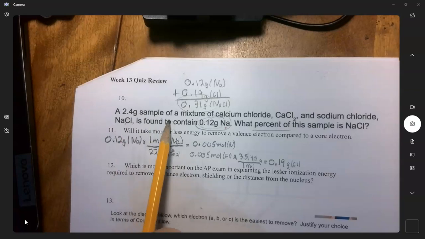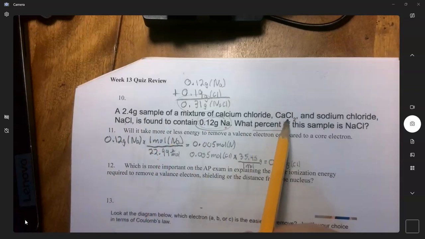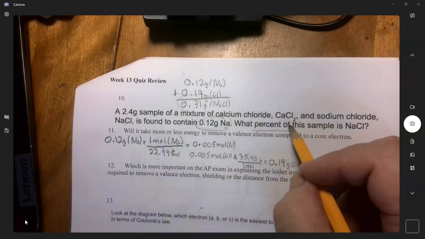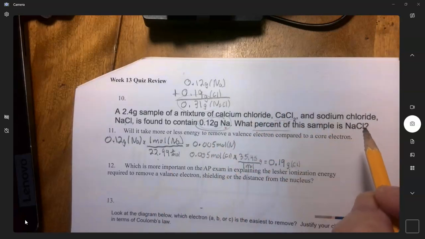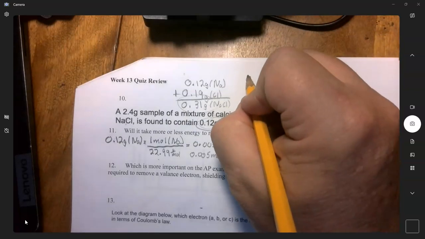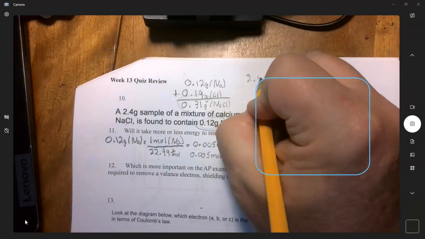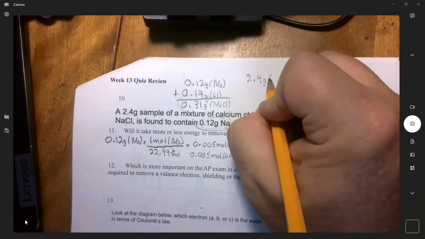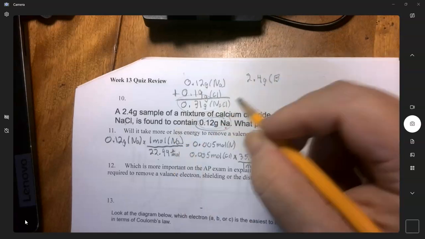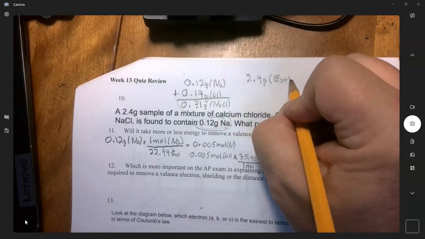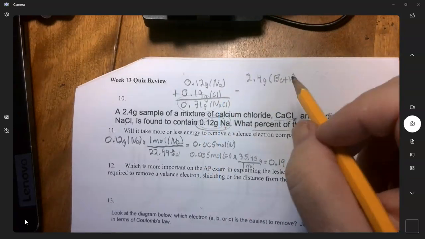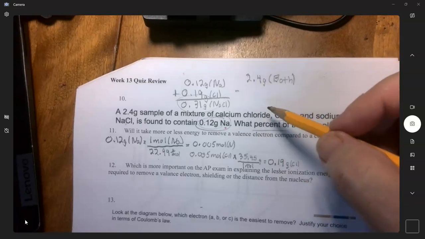Now it says the mixture of the NaCl and the CaCl is 2.4 grams. So let's go ahead and break that down and figure out how many grams of CaCl we have. Okay, so we have 2.4 grams of both. I'm just going to call it both. It's the CaCl and the NaCl. Okay, this problem's a little involved, but you practice these, you get good at them. Anything you practice, you'll get good at.